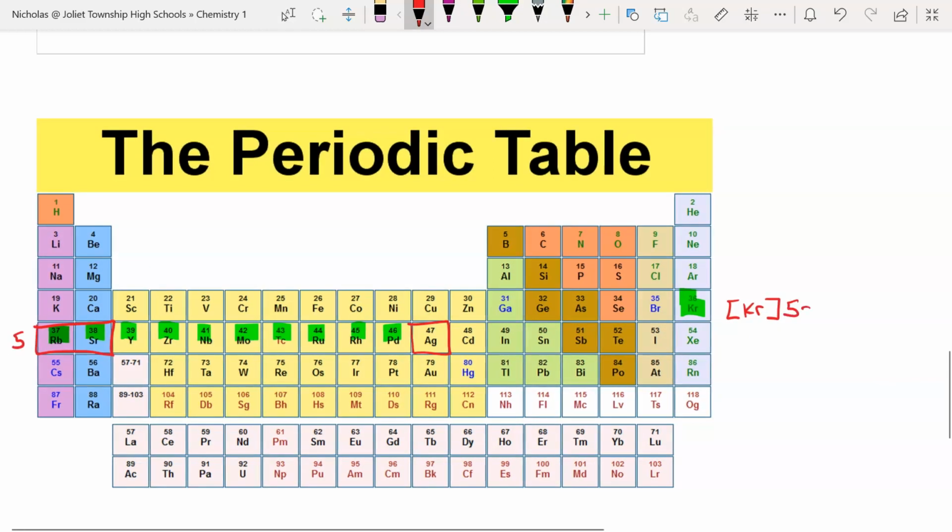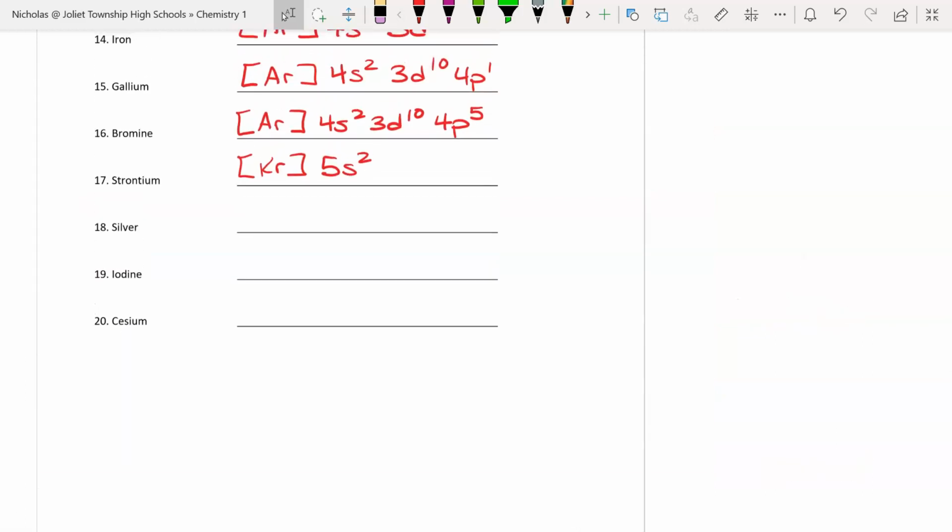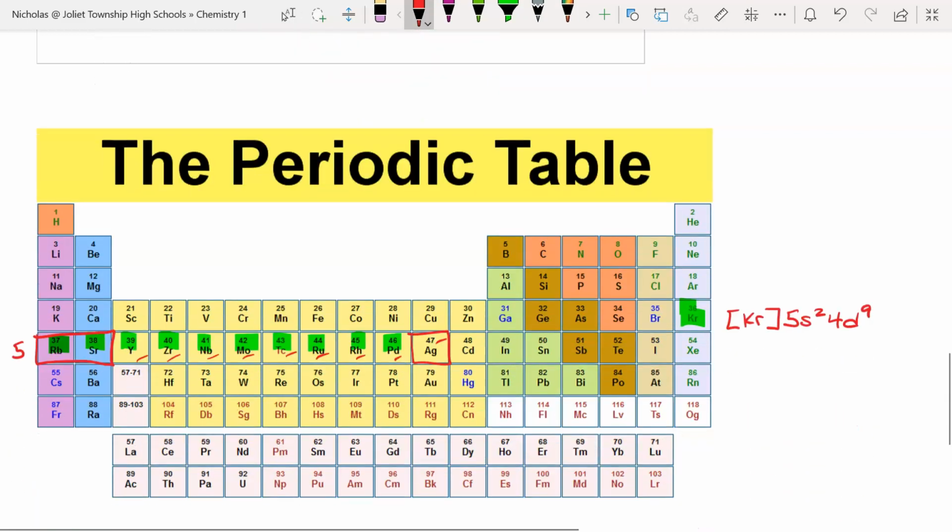So 5s2, because again, the S block is sandwiched between what we're trying to find and the noble gas. And then we are 1, 2, 3, 4, 5, 6, 7, 8, 9 into this D block. And remember, D is 1 less than the row. So if this is row 5, this is going to be 4d. Okay, so let's fill this one in. This is krypton, 5s2, 4d9.